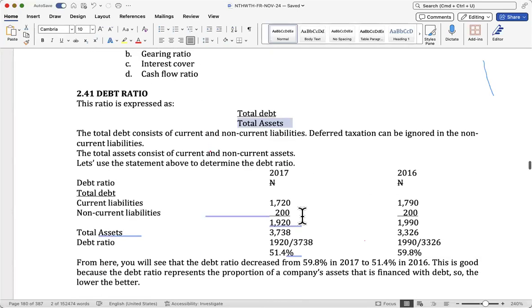Here, you see that this guy's debt ratio is lower, which is the lower the better for debt ratio. Because this considers the proportion of your assets that is financed with debts, right?